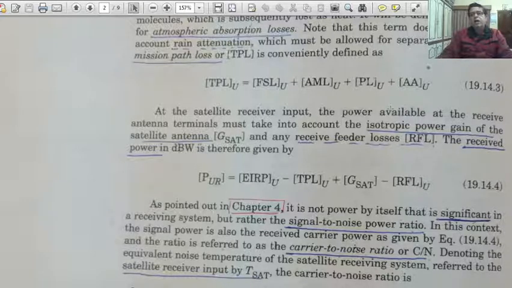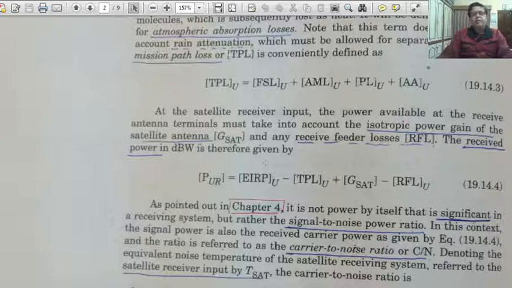The power available at the receive antenna terminals must take into account the isotropic power gain of the satellite antenna, GSAT, and any receive feeder losses, RFL.